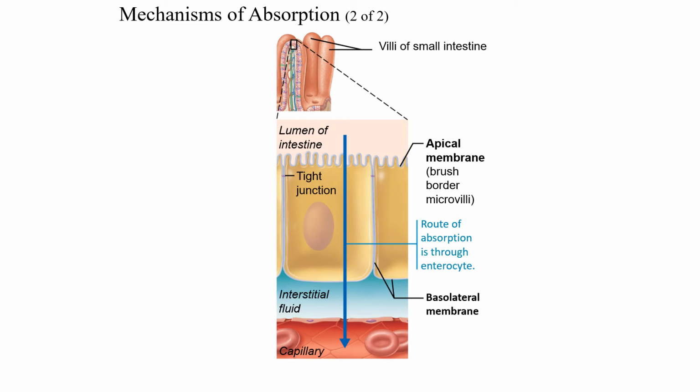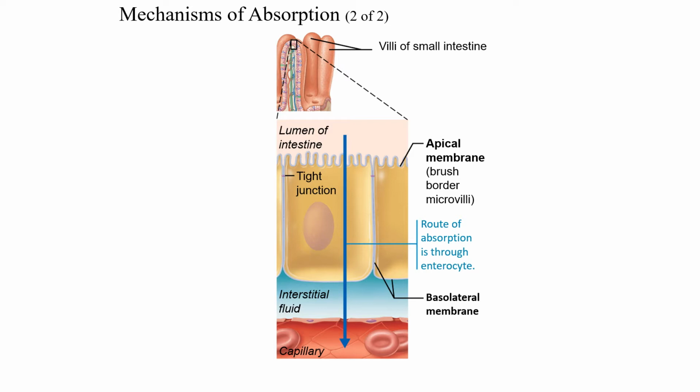All right, let's look at this picture, look at the mechanism of absorption. You can see that at the apical membrane of the epithelium in the small intestine, remember these are columnar epithelial cells, you see the brush border. It's where enzymes are located.